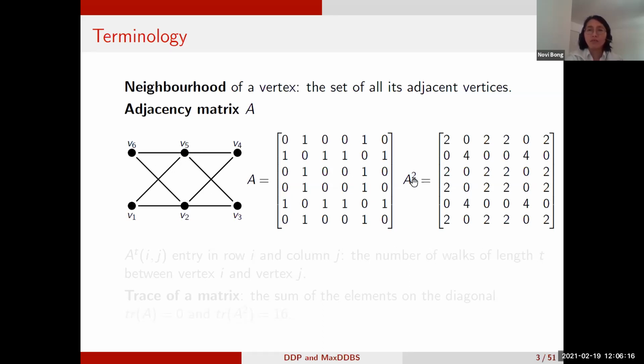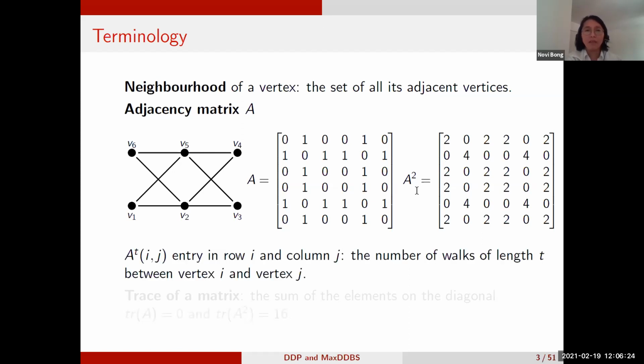Now the square of A, which is the given matrix here: its entries tell us the number of walks of length 2 from vertex Vi to Vj. In this case, if you look at V1 to V3, there are two ways to reach V3 from V1 with a walk of length 2. You can go through this vertex, or you can go up there and then come back down here, so you have a 2 in the matrix.